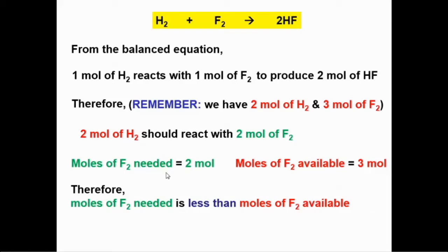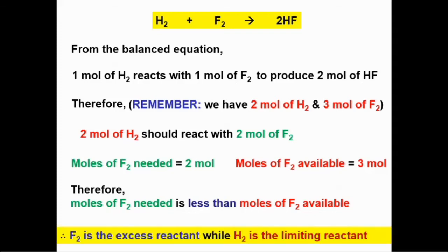The moles of fluorine needed is 2 moles, but the moles of fluorine available is 3 moles. Or we can say the moles of fluorine available is greater than the moles needed.